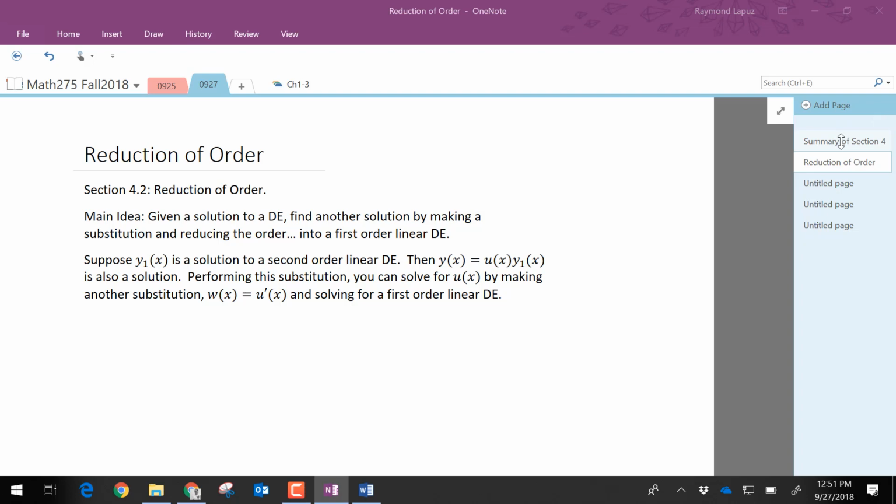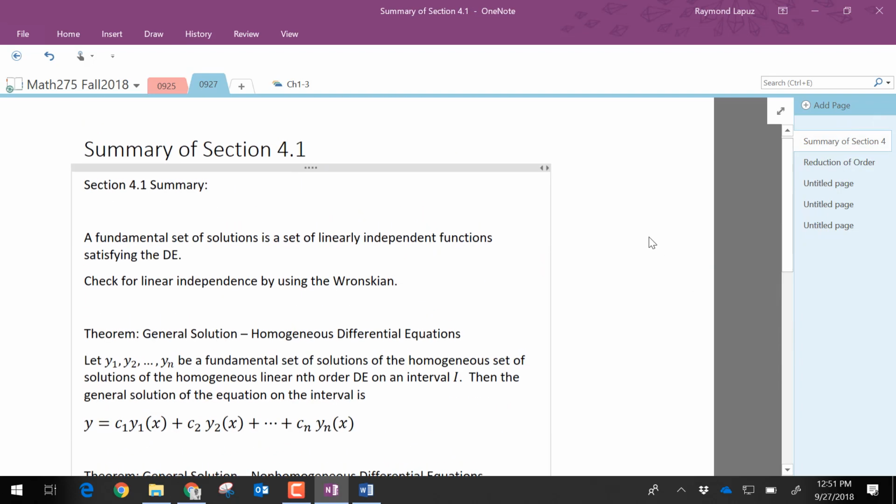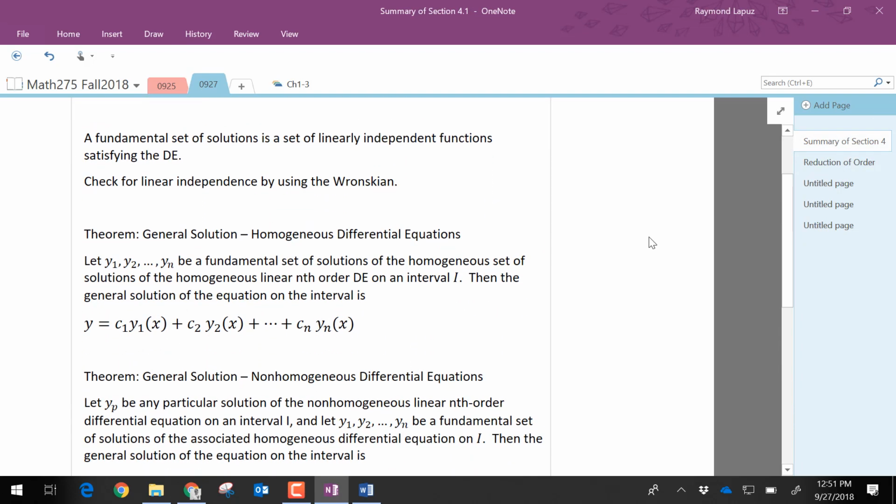But before we get started, let's try to remember what we did last time. As a summary, we defined a fundamental set of solutions to be a set of linearly independent functions that would solve or satisfy the differential equation. And we check for linear independence by using the Wronskian.